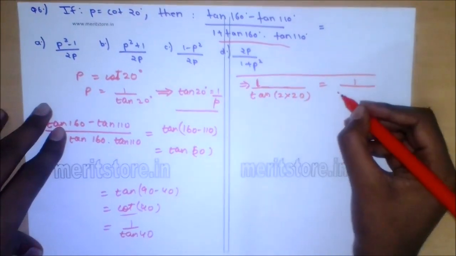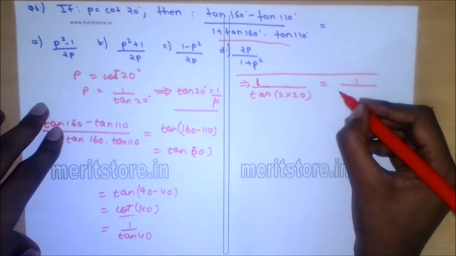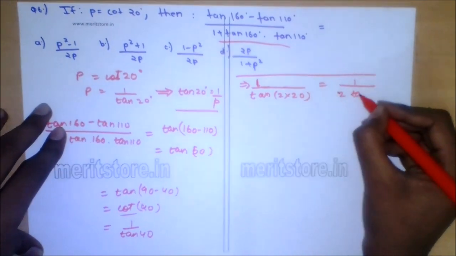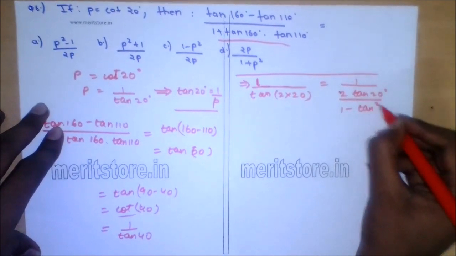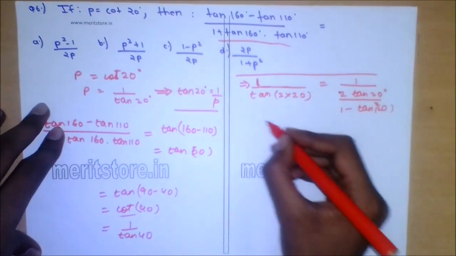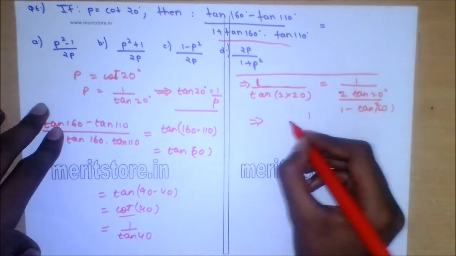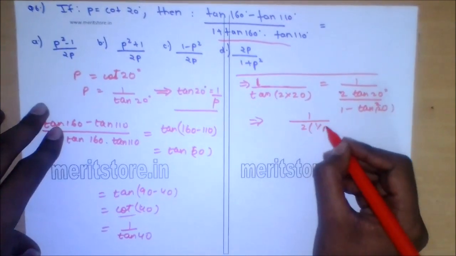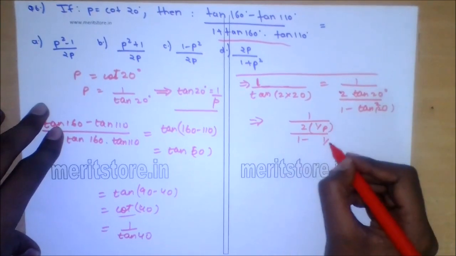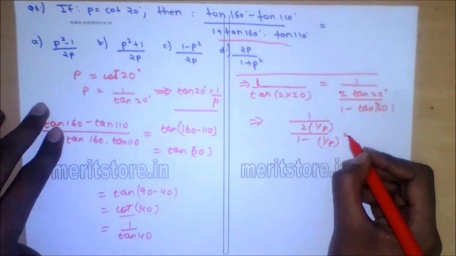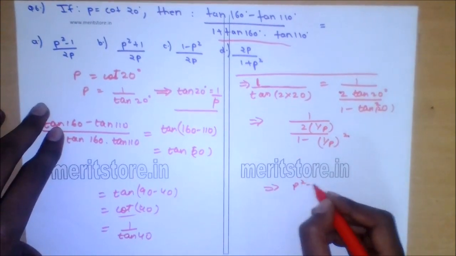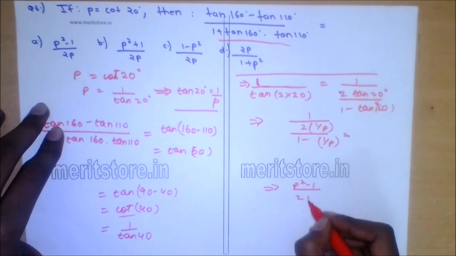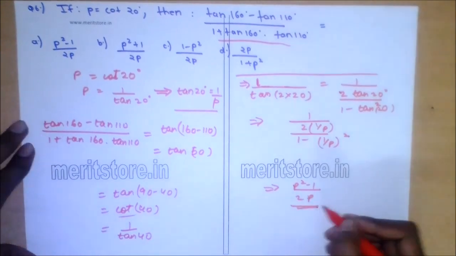Using the double angle formula, we get 2 into tan 20 upon 1 minus tan square 20. But tan 20 is 1 by p. So we substitute the value, 1 upon 2 into 1 by p upon 1 minus 1 by p the whole square. So we simplify this part and we get p square minus 1 by 2p, which is option A.